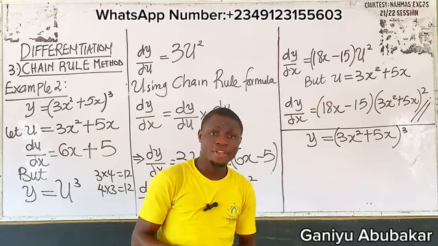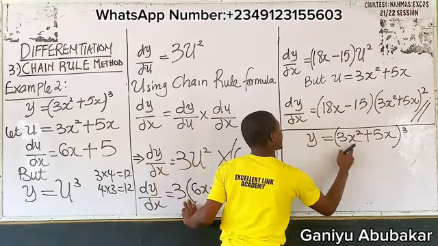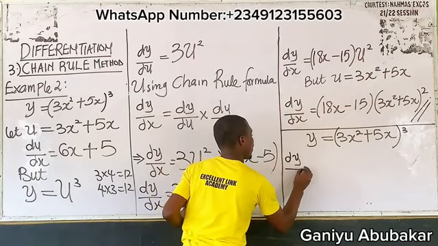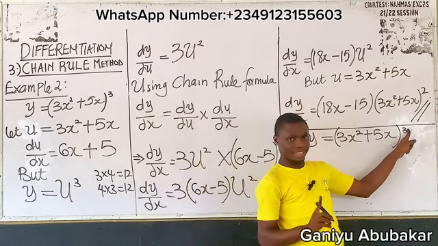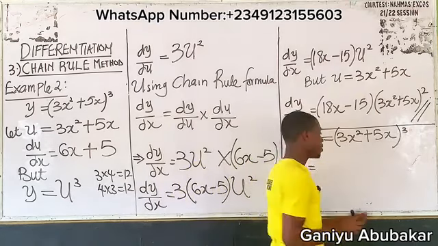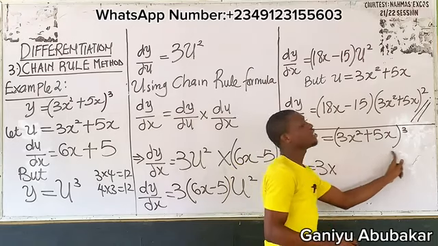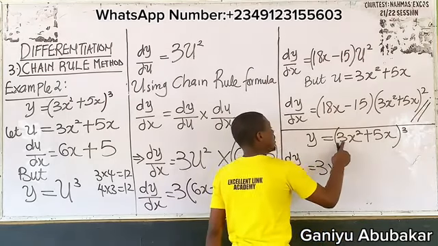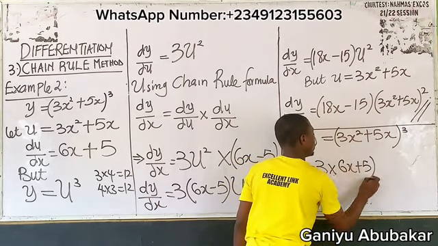What do you do? I'm differentiating y with respect to x. I'll have dy/dx equal to, write out the power first. What's the power here? 3. Write out the power first times, differentiate the term in brackets. If I differentiate this one, I'll have 6x plus 5.